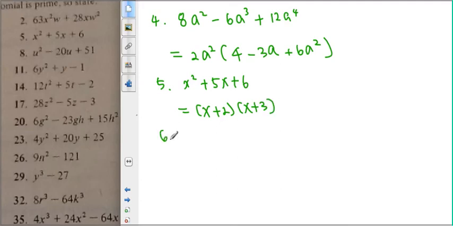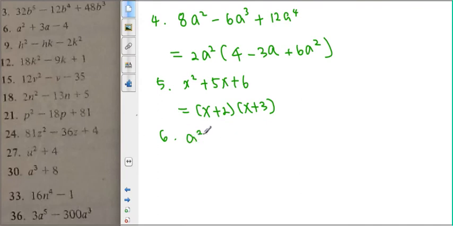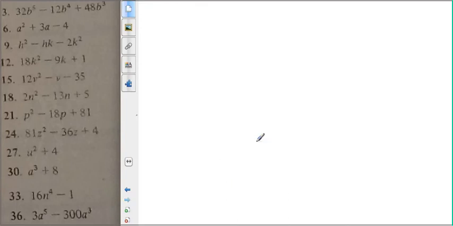Let's go for number 6. a squared plus 3a minus 4. Which two numbers multiply to negative 4 but add up to 3? That's right. If we have a plus 4 and a minus 1, then we'll be able to get this answer, number 6. All right, let's move on.